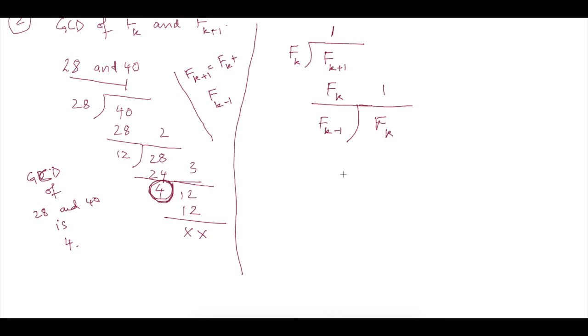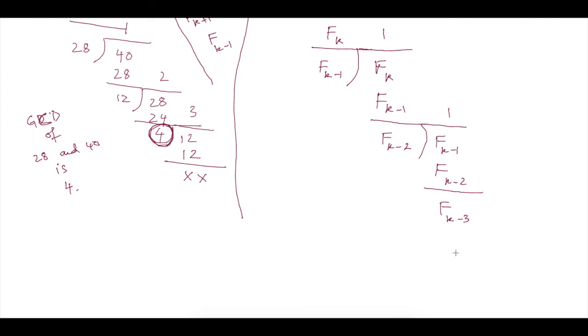And again the quotient is 1 time, then I write f of k minus 1, and then I have f of k minus 2. Then f of k minus 1 goes in, then f of k minus 2, and f of k minus 3. So now you can appreciate that this procedure goes on and on.